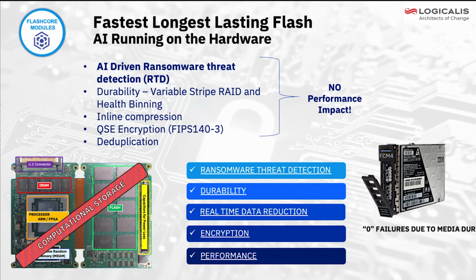So again, none have ever worn out in the field. And I do like to reiterate that AI-driven ransomware threat detection, we guarantee that we will discover threats within 60 seconds on these drives, as well as quantum-safe encryption up to FIPS 140-3 standard, and then that classic compression and dedupe, getting you more effective capacity per dollar on these drives.